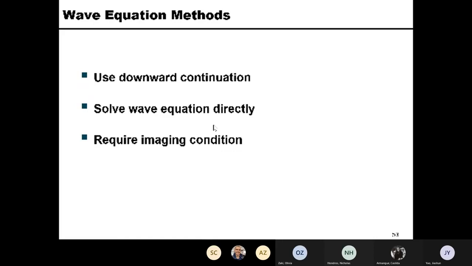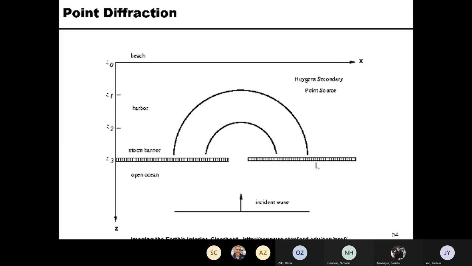Okay, nothing else. For downward continuation, the principle is called the Huygens secondary point source. Huygens is a Dutch scientist. He was standing at the dam. He saw a wave in the ocean propagating through a gap here.